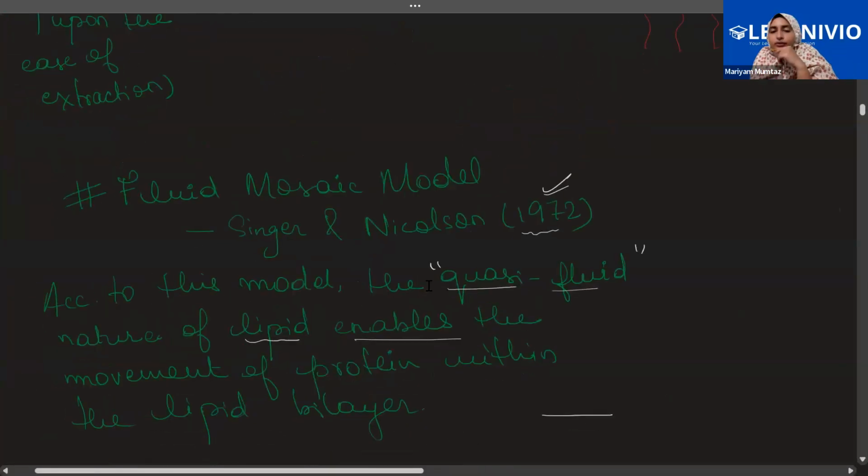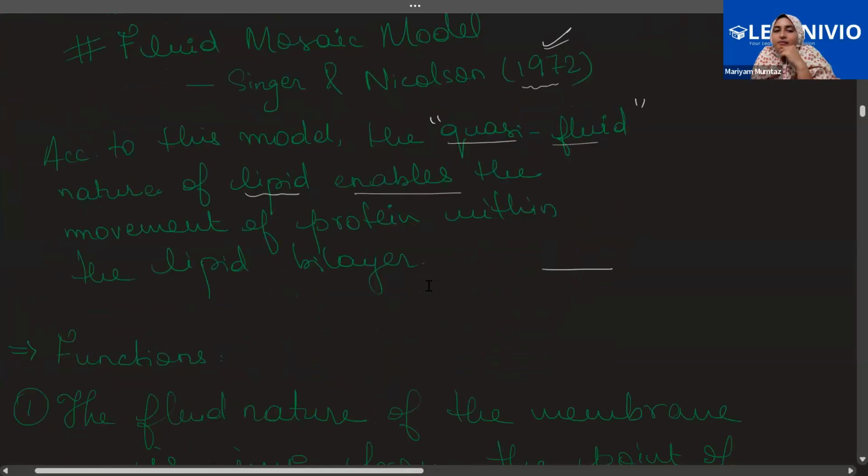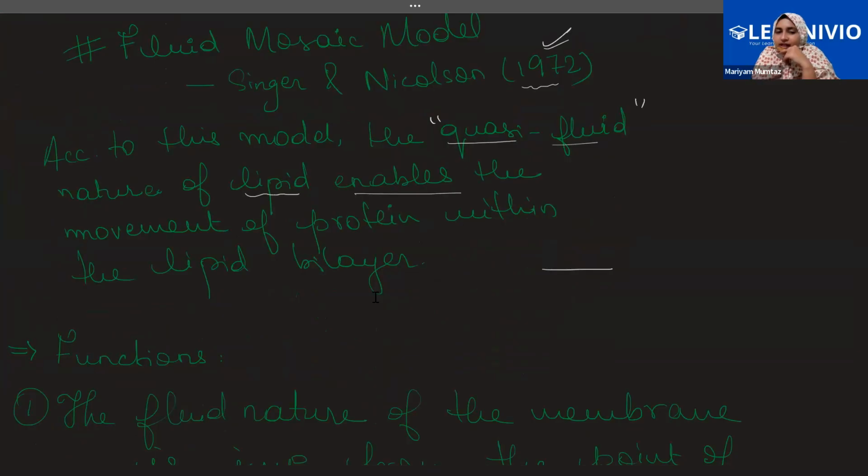Now talking about the fluid mosaic model. This was given by Singer and Nicholson. According to this model, the plasma membrane has a quasi-fluid or semi-fluid nature. It is always moving.